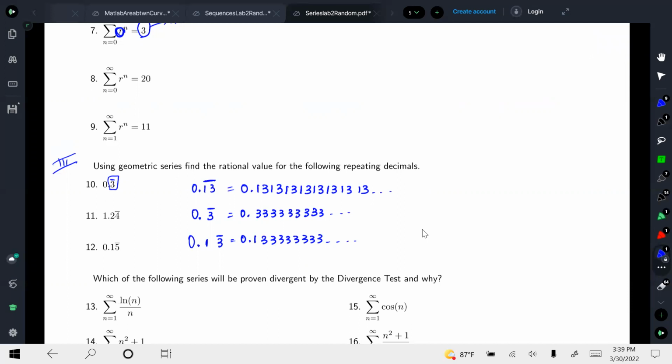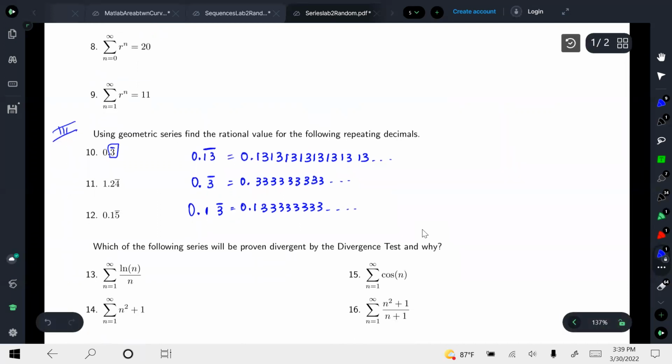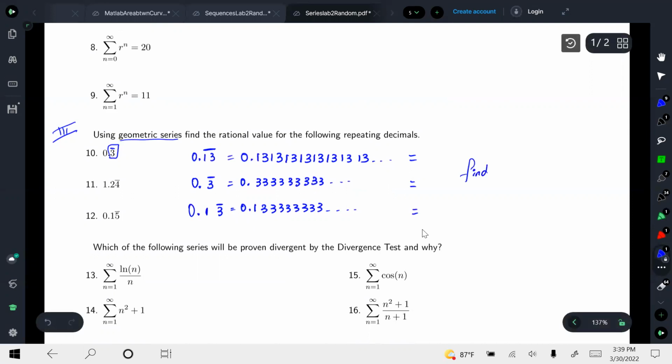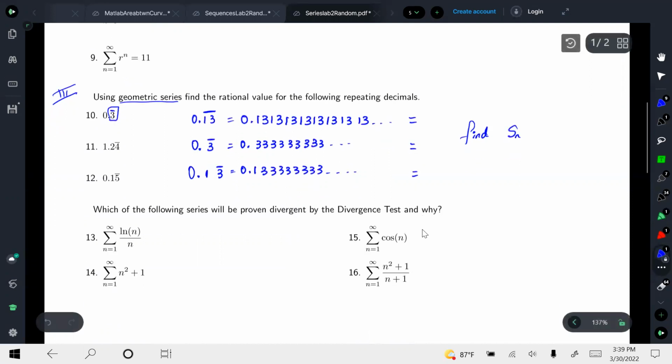It will not stop. Okay, fine. Now we need to write this type of value, a rational value, in terms of a geometric series and find the sum or the Sn. Okay, that's type 3.